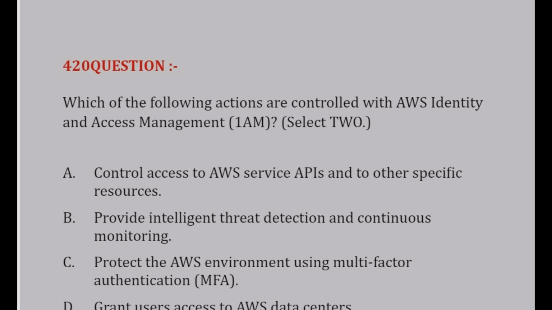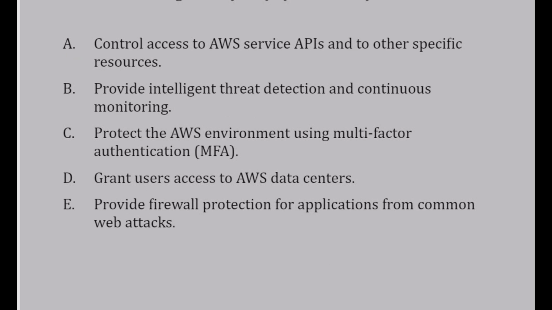Option C, protect the AWS environment using multi-factor authentication MFA. Option D, grant users access to AWS data centers. Option E, provide firewall protection for applications from common web attacks. Correct answer is option A.